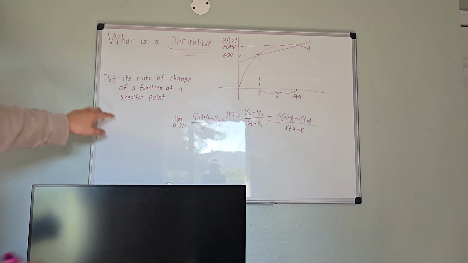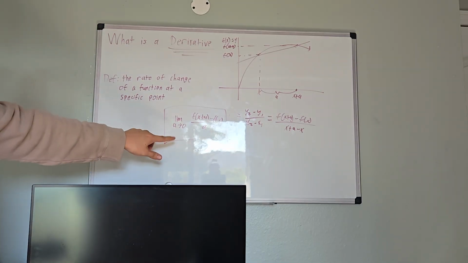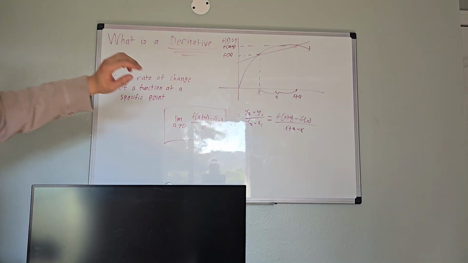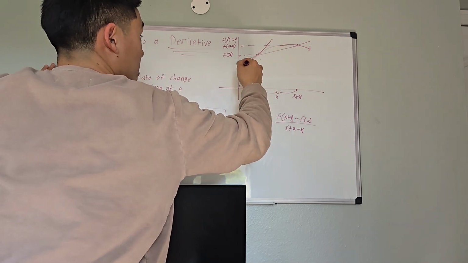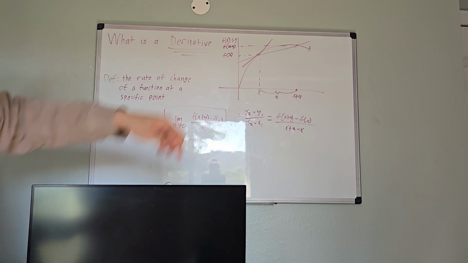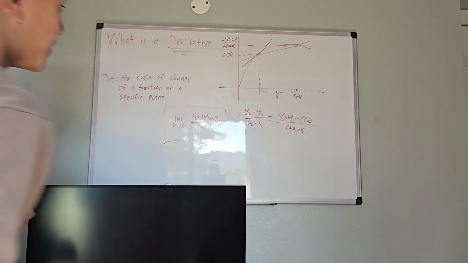This is the definition that you can remember. It's the limit as a goes to 0, as this dot gets super close, and the slope of that line tells you what the rate of change of the function is at this point.